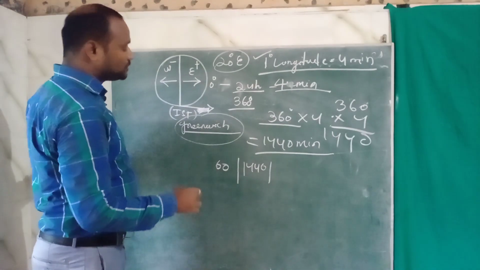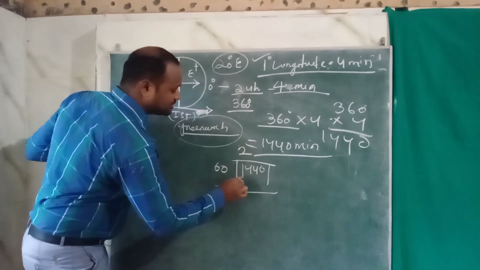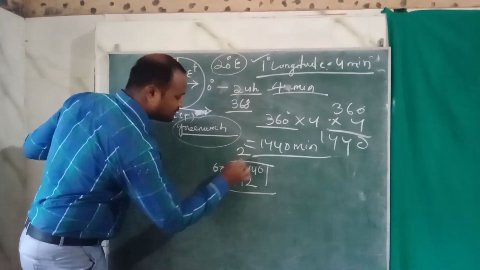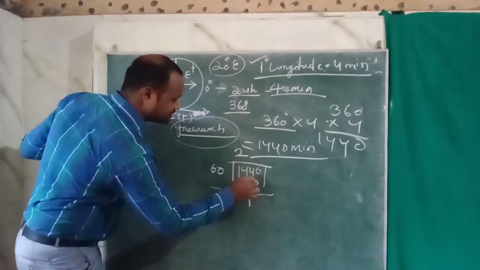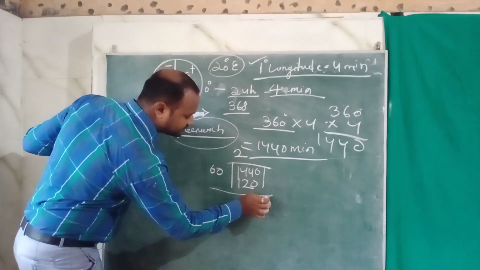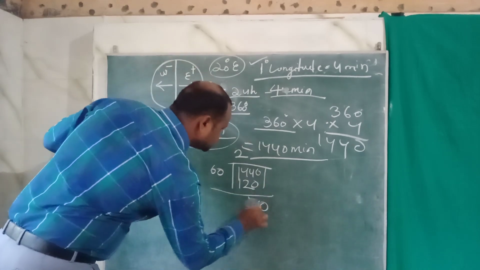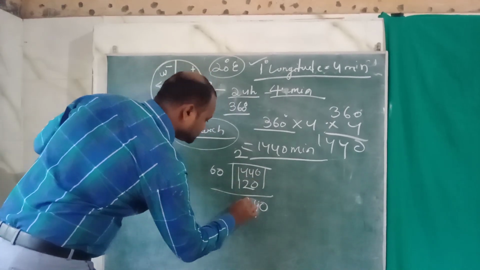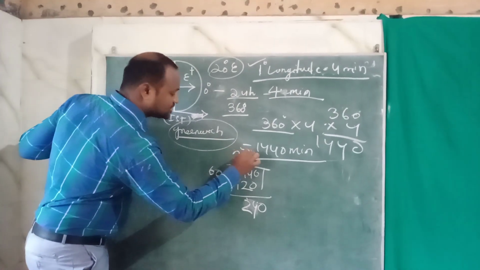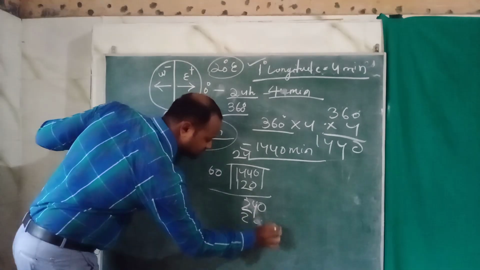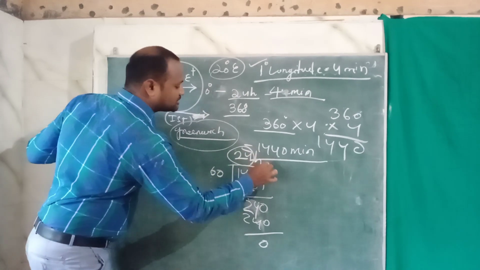Okay, so 1440 divided by 60 will be 24 hours.